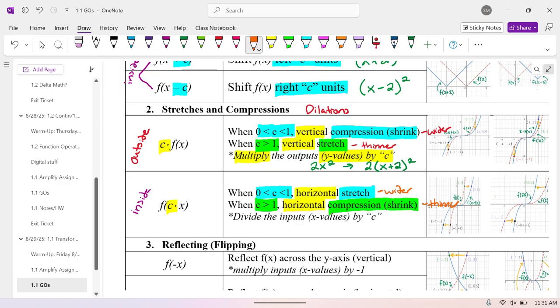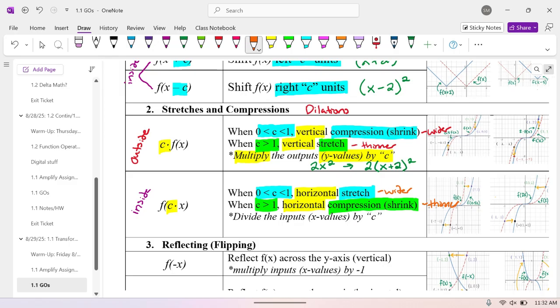And then if you know that it's inside or outside the bracket, you can determine horizontal or vertical, and then you just got to ask yourself, okay, if I know it's a vertical dilation and it's getting wider, do I need to stretch it vertically to make it wider, or do I need to compress it vertically to make it wider? All right, that's what you should want to think about when you're thinking about this. That's why I like the rubber band example, because it's actually a visual of what it would look like. All right, does that make sense?